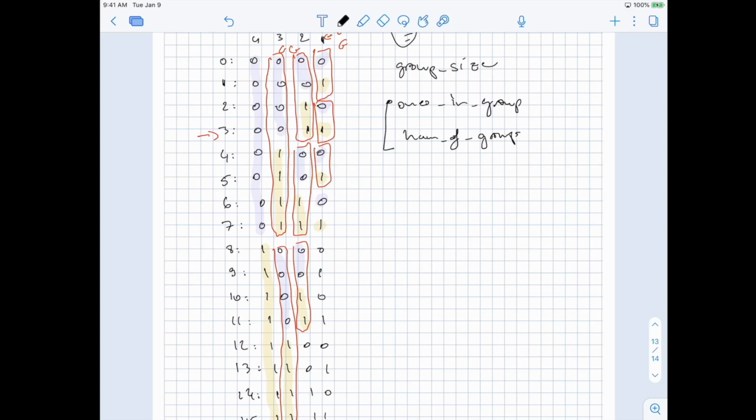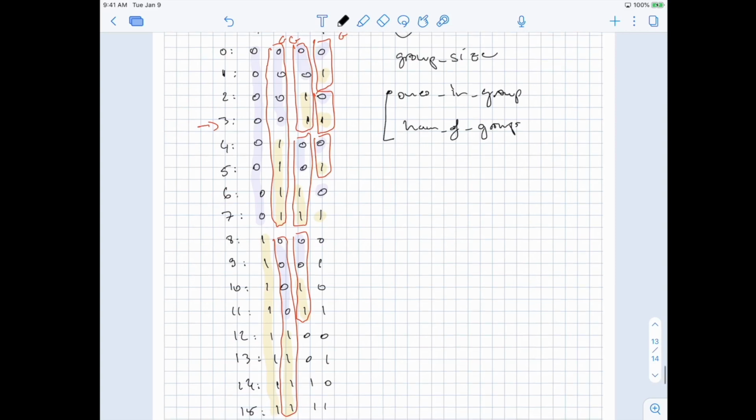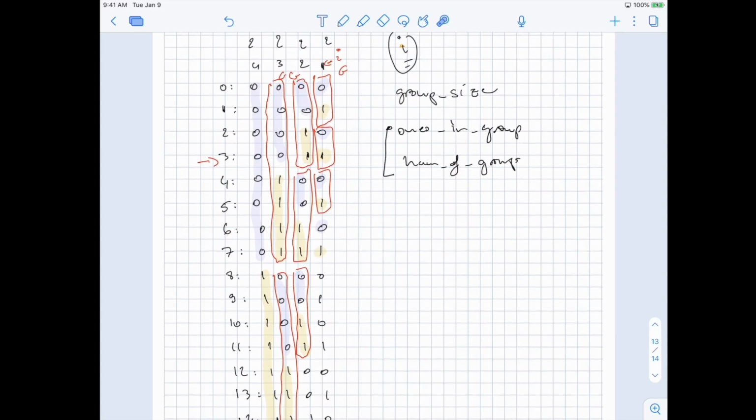But then there is a problem remaining, because we don't always have a full group. Like in this case for 3, we had a full group for index 1 and index 2 because it ends here. But we don't have a full group for index 3 because we don't have all the 4 ones, right? The group did not end yet. And so for index 3, we need to find how many ones are just in this portion here, right?